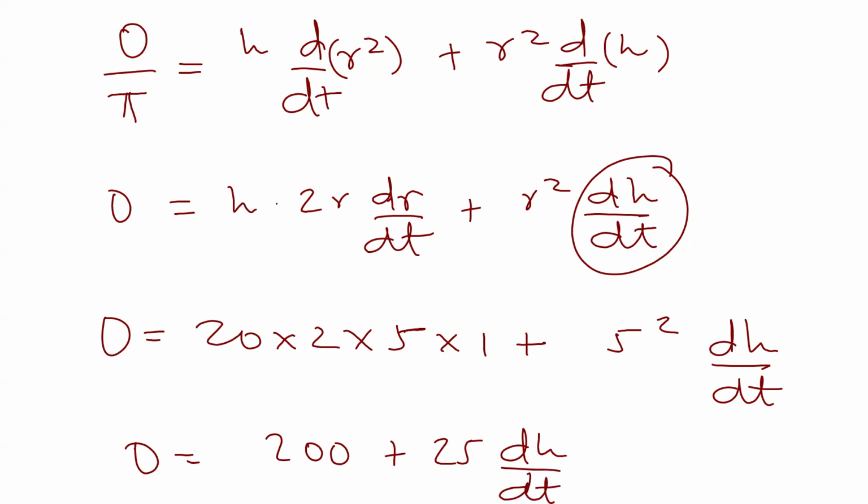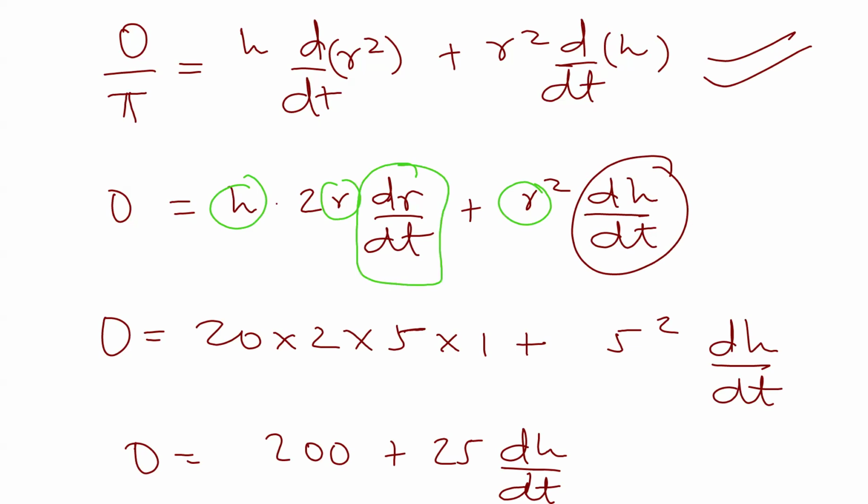On the right hand side I have done the product rule along with the chain rule, and then I'm simply putting the values of h, r and dr by dt. The only unknown value is dh by dt, which we have to calculate. The other values we have right from the beginning, and dr by dt we have also calculated. So I'm just putting all these values one by one.